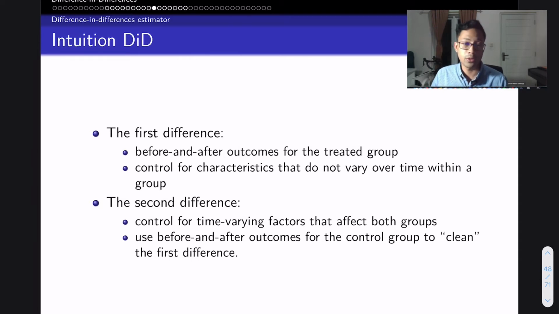So for example, the economy is growing, and the effect of the economy growing affects both the treatment and the control group. Or the general labor market is better, so it's affecting both individuals in the treatment and individuals in the control group. So we use the before and after outcomes for the control group to clean the effect of changes that affect both groups. Okay.